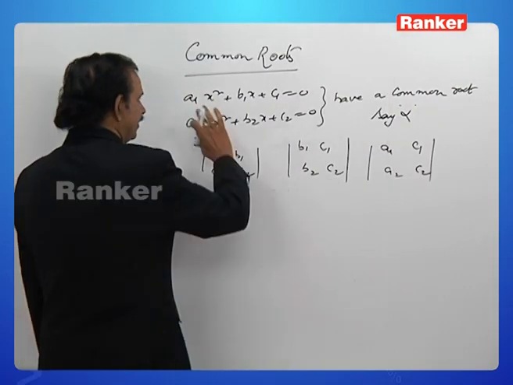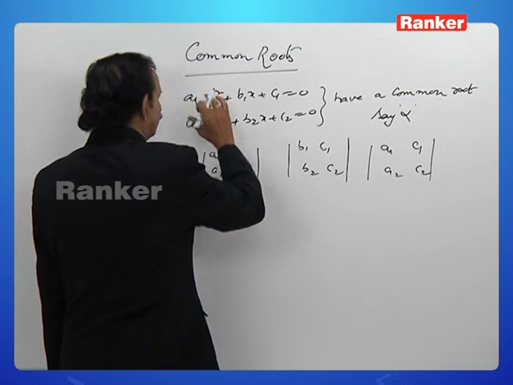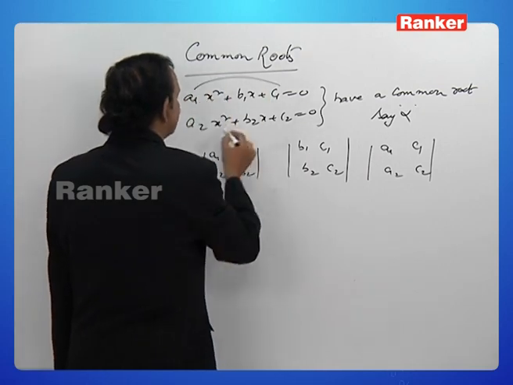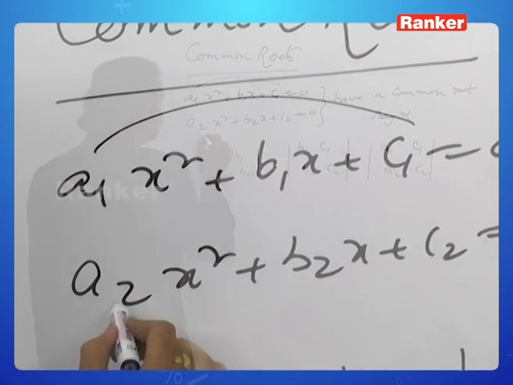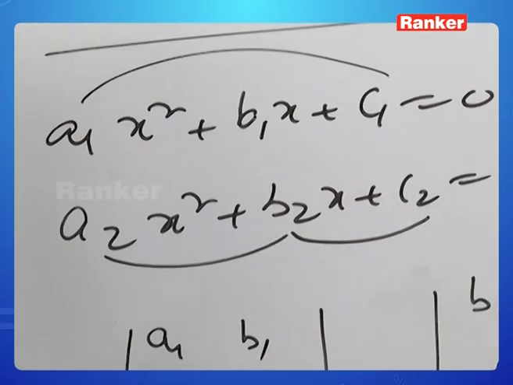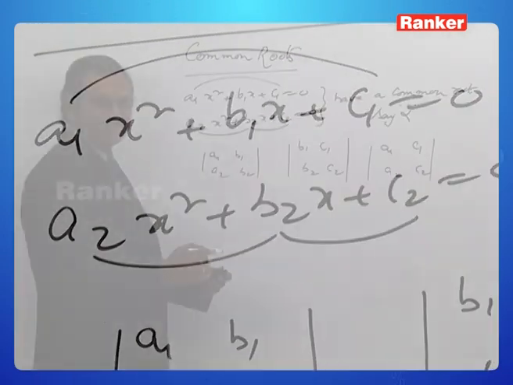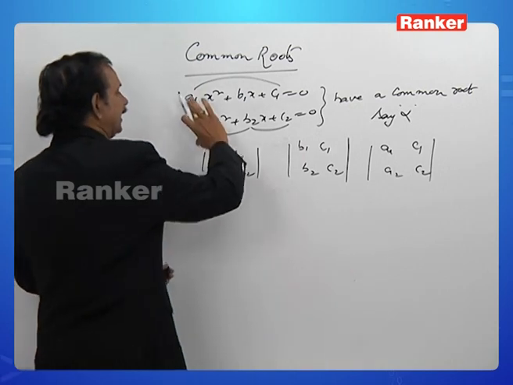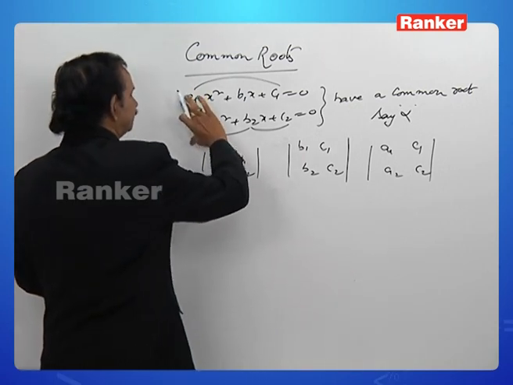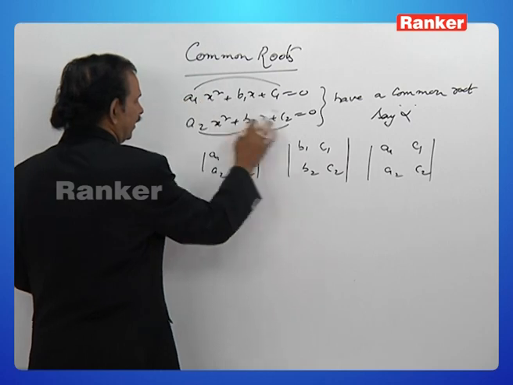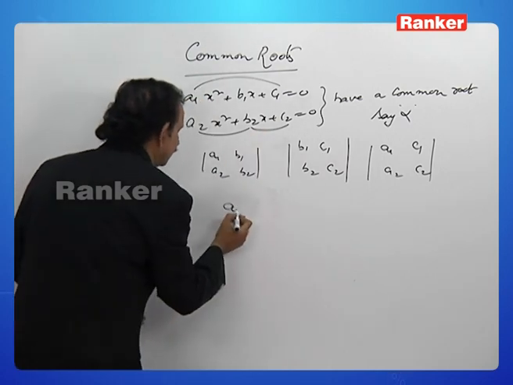The last determinant is somewhat distant; you have to move a distance like this. But these two are adjacent. So the determinant formed by distant columns is A1C2 minus A2C1.